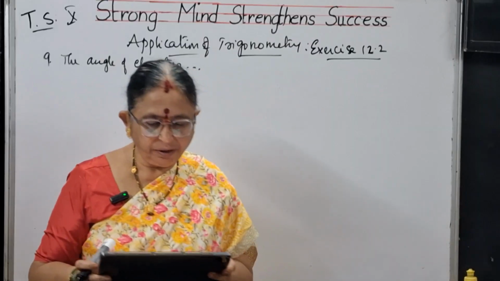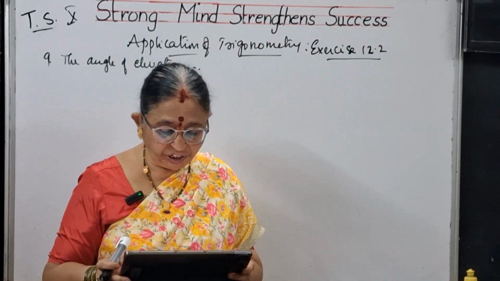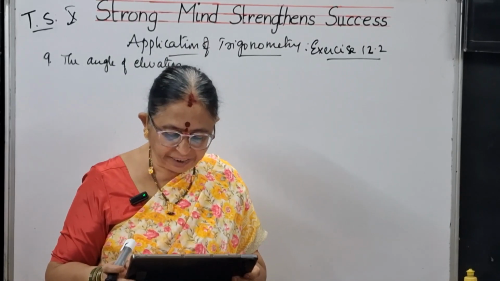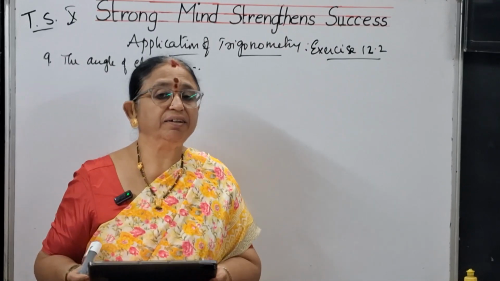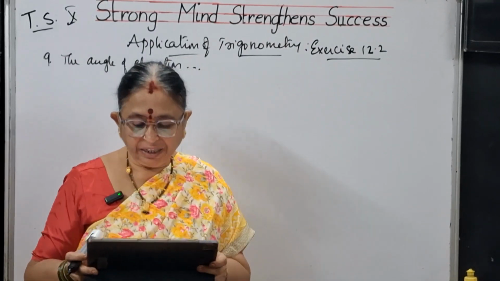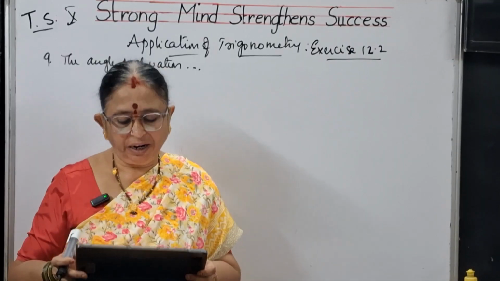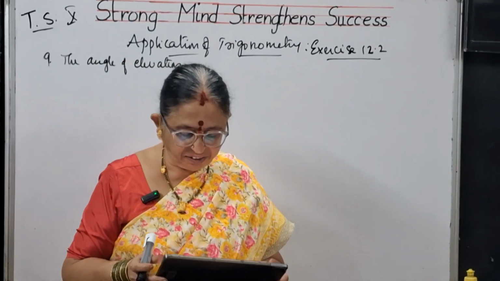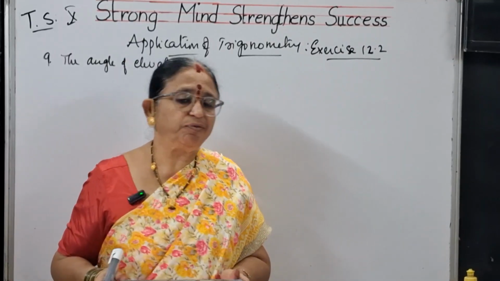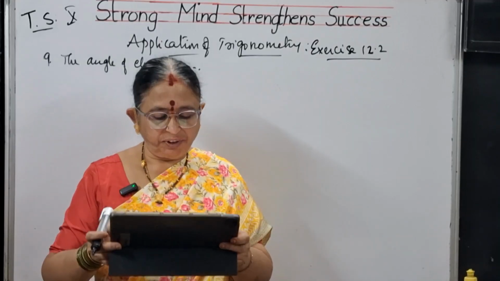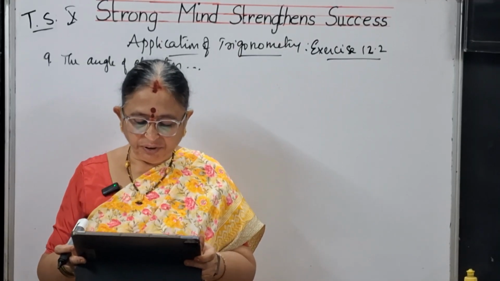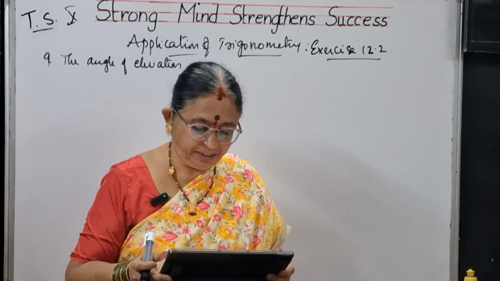Ninth problem, children. The angle of elevation of a jet plane from a point A on the ground is 60 degrees. At point A, the person is observing the jet plane and its angle of elevation is 60 degrees. After a flight of 15 seconds, the angle of elevation changes to 30 degrees.